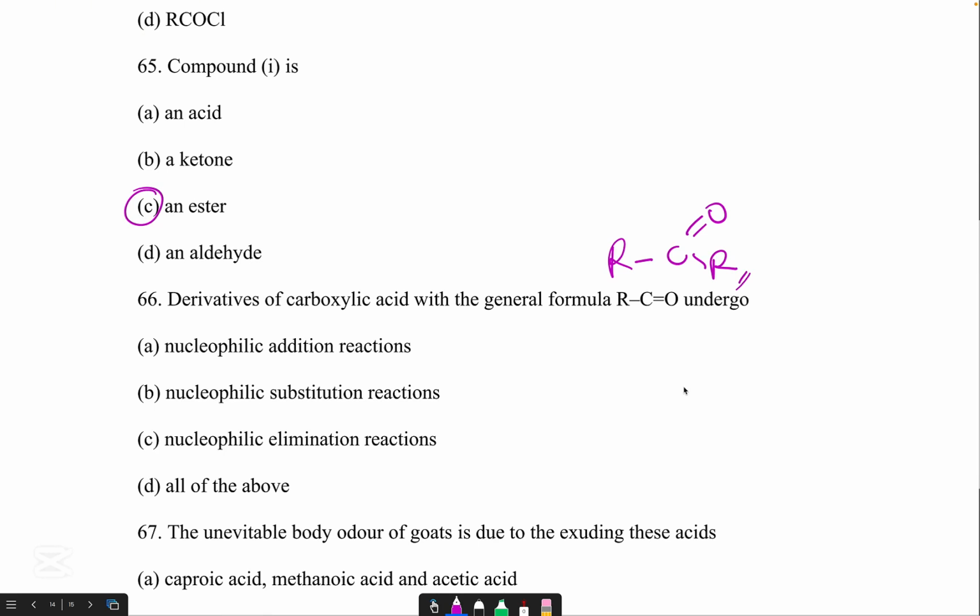So the correct answer is option A. Almost all carboxylic acid derivatives undergo nucleophilic addition reaction. Is that okay?